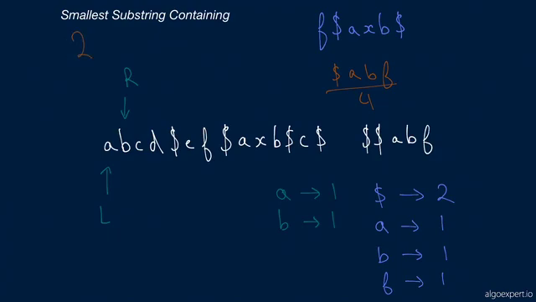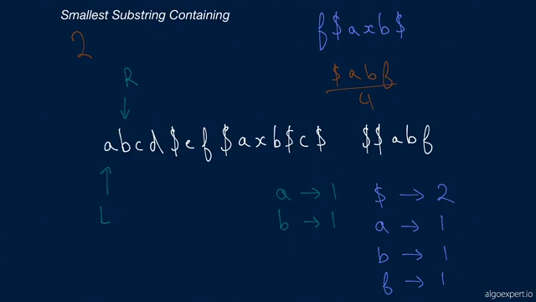We now have 2 unique characters that we've completed. We found the exact number of those characters. Once the 2 here is equal to 4, we will have found a substring that contains all of these characters, and we're going to be able to perform some extra logic. But for now, let's continue.